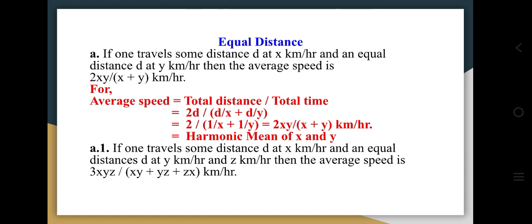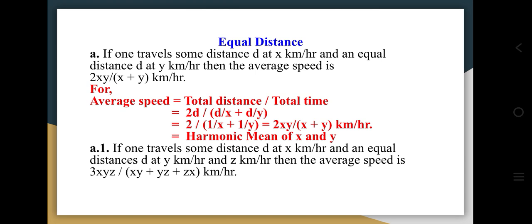So in the first case, suppose one travels some distance d at x kilometer per hour and an equal distance d at y kilometer per hour, then what is the average speed?